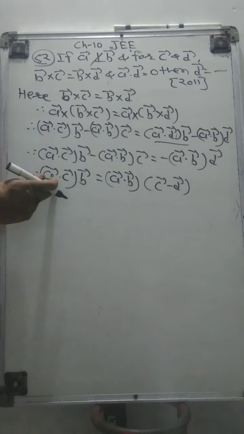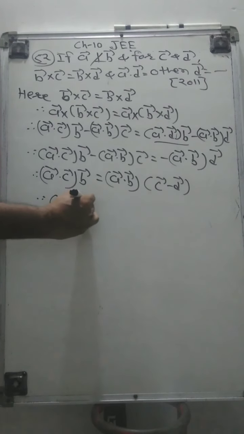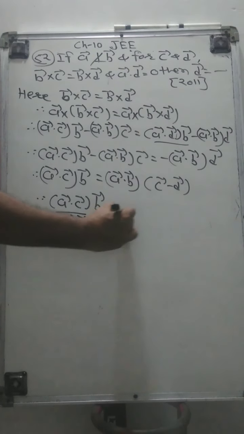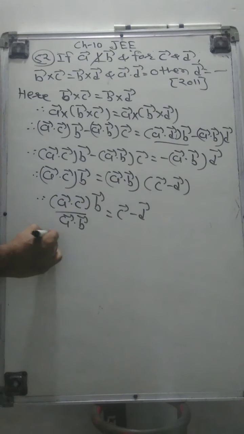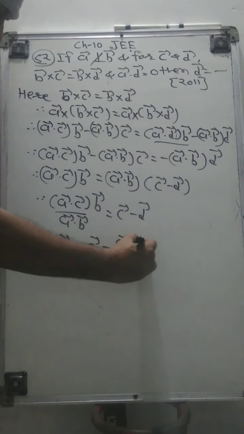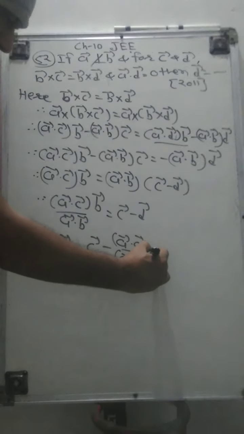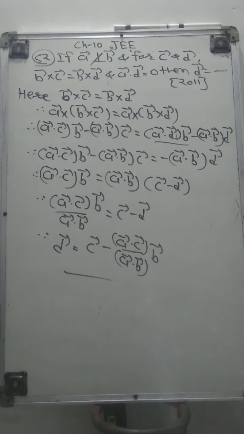Now we take this a dot b in denominator, so we have a dot c into b bar upon a dot b is equal to c bar minus d bar. Now we interchange these two terms, then d bar is equal to c bar minus a dot c upon a dot b into b bar. So this is our answer, that d bar is equal to c bar minus a dot c upon a dot b into b bar, right? Now we go for the next one.